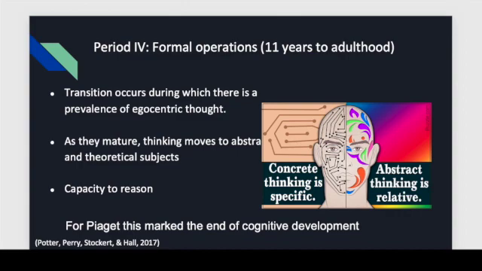The 4th stage, known as formal operations, begins at 11 years old and continues into adulthood. This is a transition during which there is a prevalence of egocentric thought. Adolescents may demonstrate feelings and behaviors of self-consciousness. Self-consciousness is the belief that their actions and appearance are constantly being scrutinized, and this may lead them to take more risk-taking behaviors.